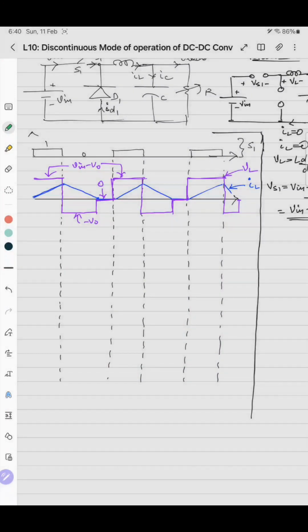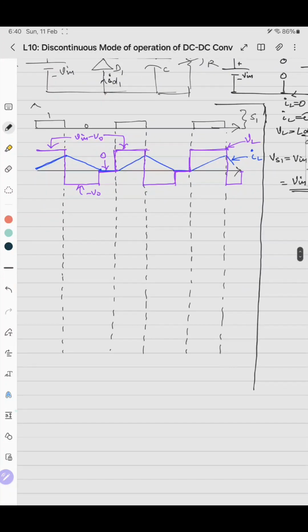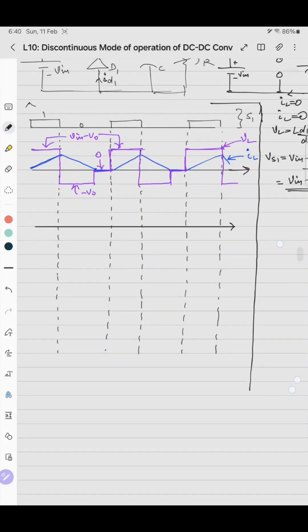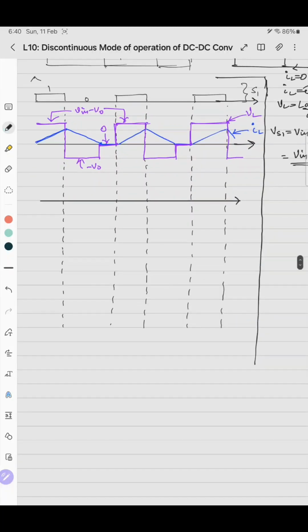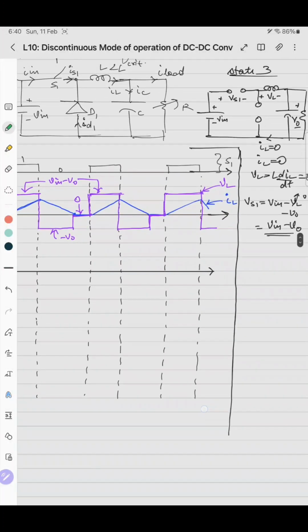First I'll draw the voltage across the switch.